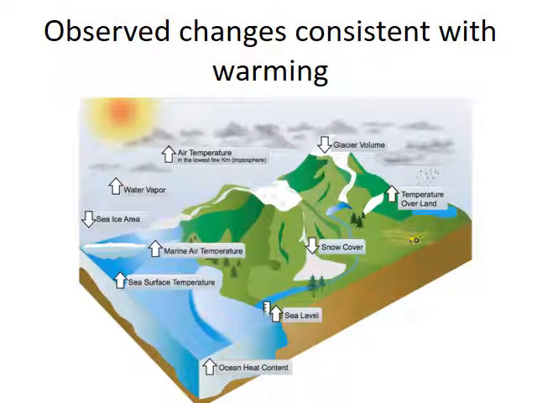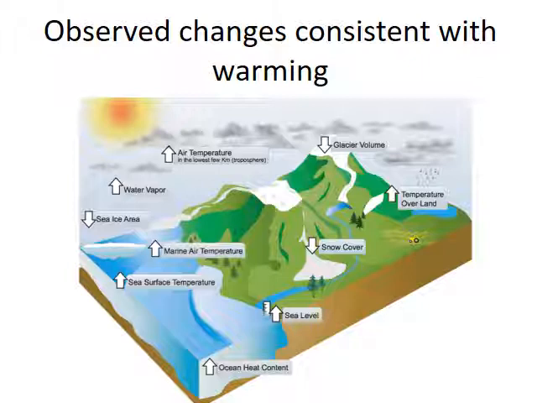So let's start with part 1 of this series. Here, what are the observed changes to the physical climate system? Here you see a simple summary of some of the changes which have occurred as a consequence of climate change. The important message is that all those changes are simply consistent with warming.